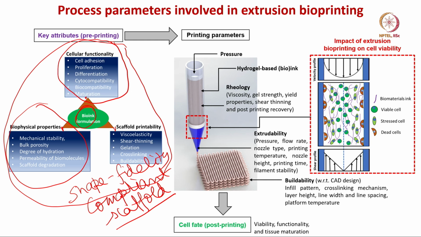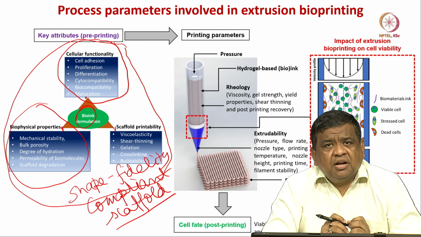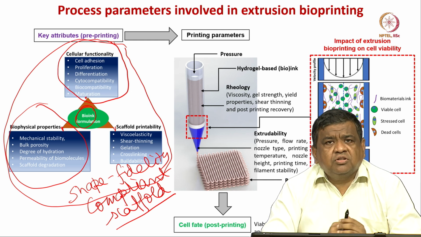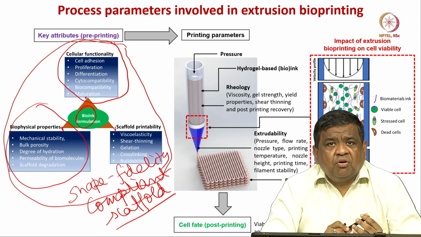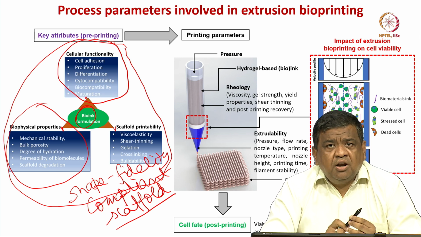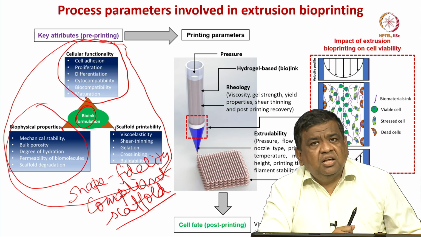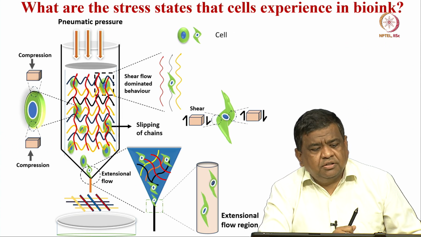All these attributes are also to be maintained. So, with the description of this slide, once again you are in a position to understand the different process parameters and how process science plays an important role in the 3D extrusion printing of hydrogels.